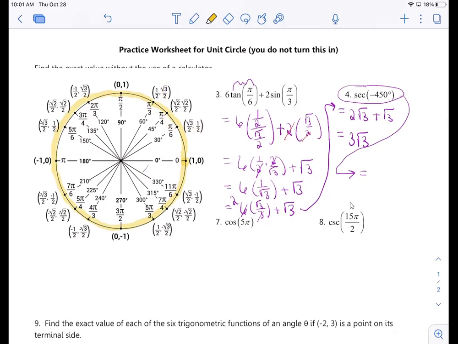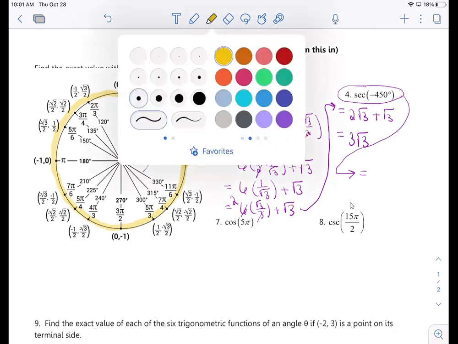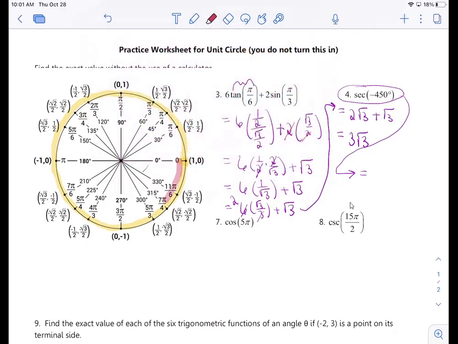All right, well then if I go another same direction, let me notate that I went around once. So that's negative 90, right? Well, isn't negative 360 minus 90 negative 450? So you want secant of that.